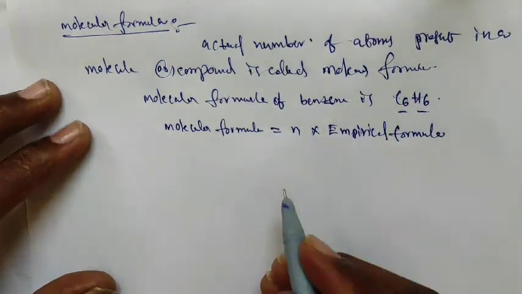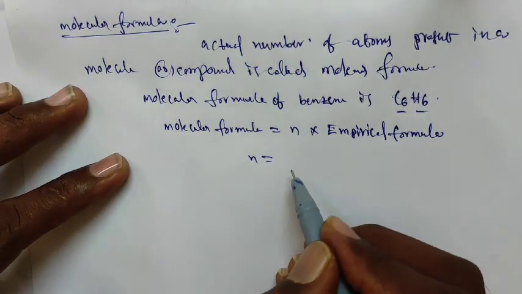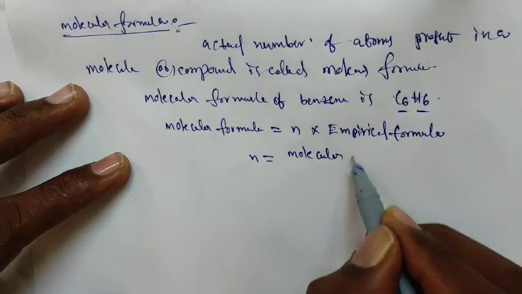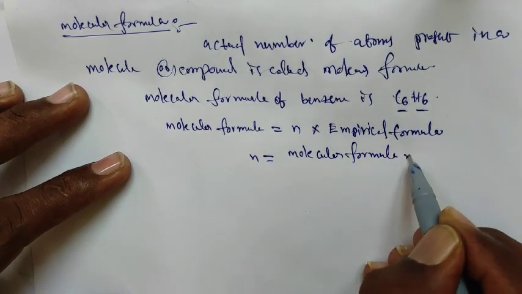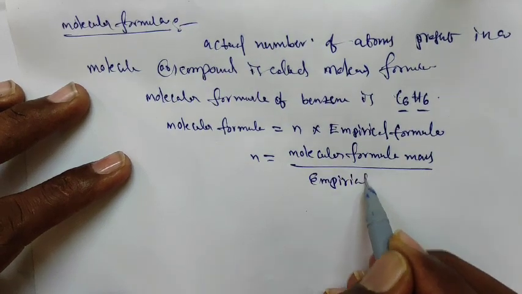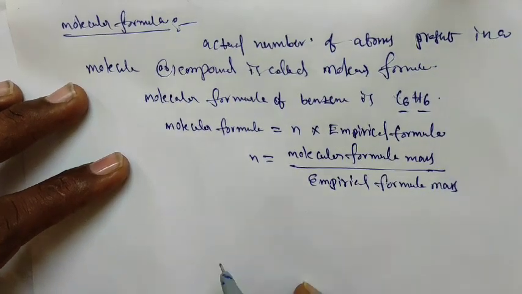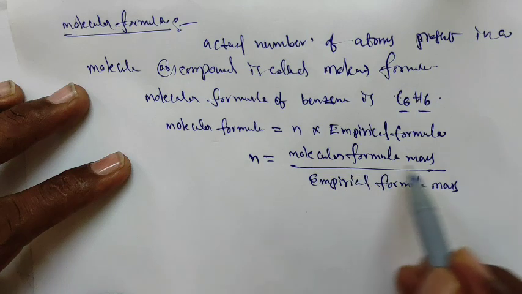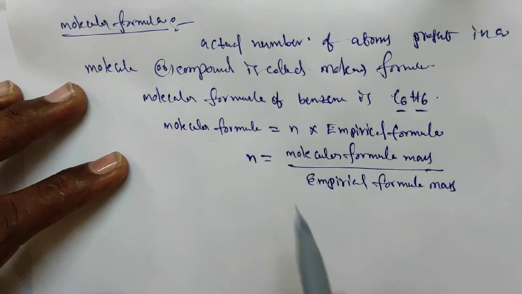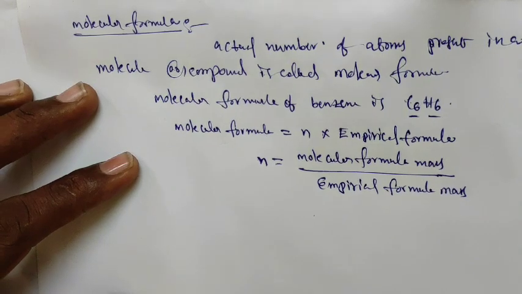To find N first, N is equal to the molecular formula mass divided by the empirical formula mass. If we want the molecular formula, it is N into the empirical formula. I will give one example so you can understand.